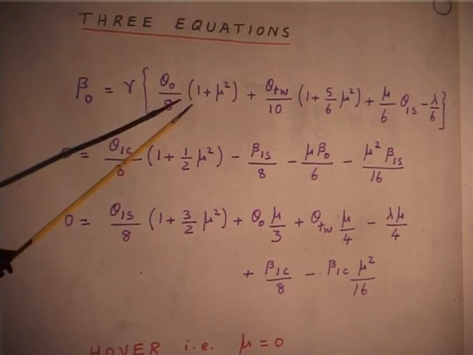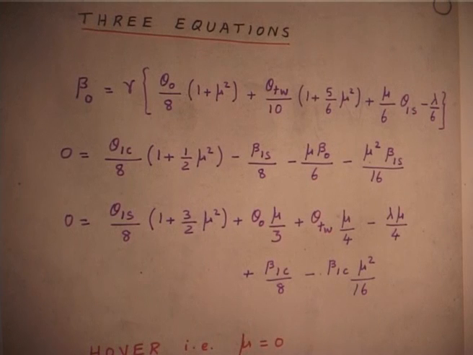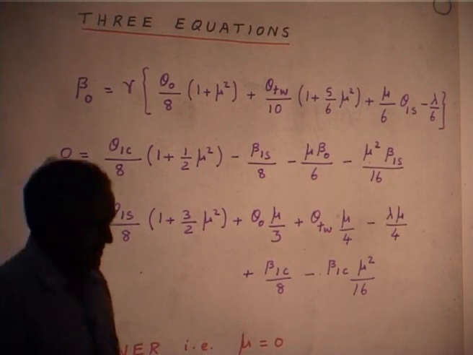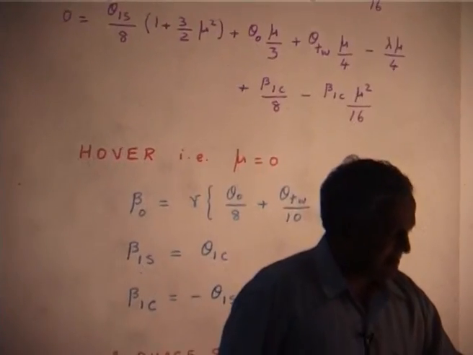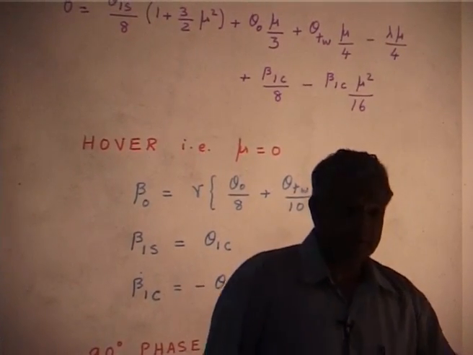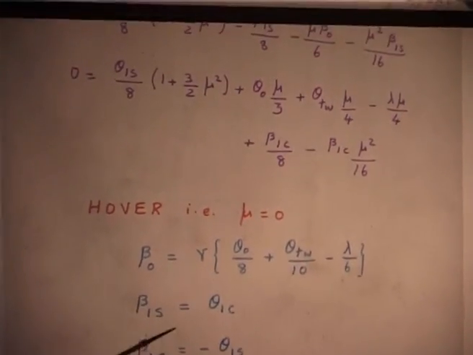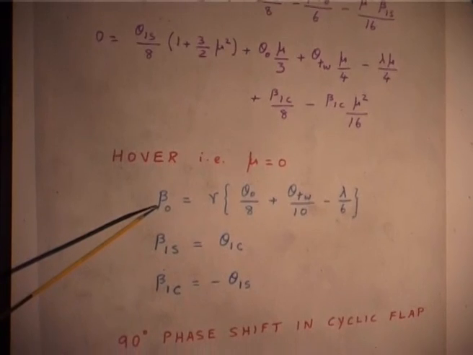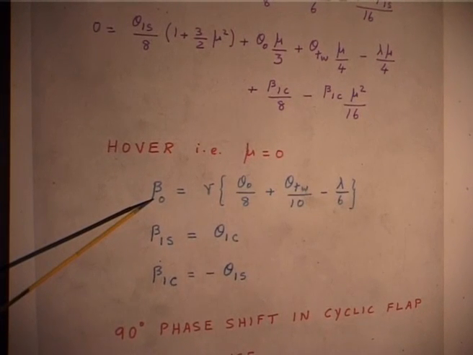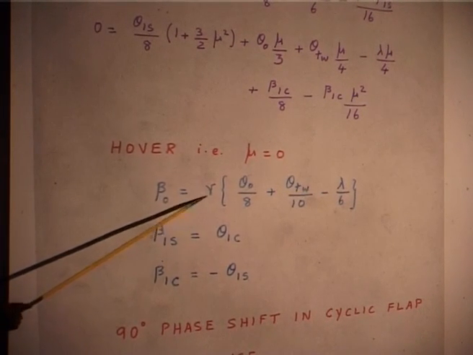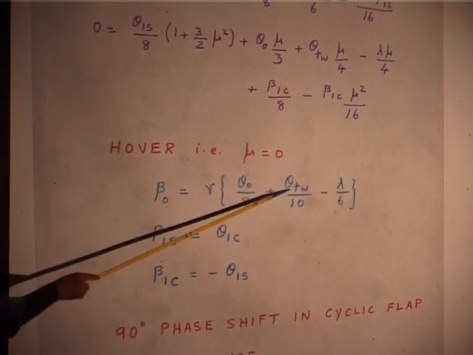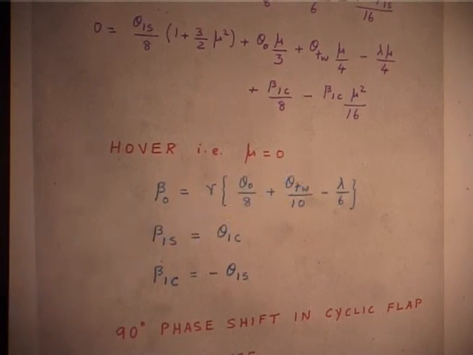If I set mu equals 0, just because I am hovering, this is what I will have from these three equations. I can get what is the beta naught, okay. Beta naught is given by gamma, theta naught over 8, some twist, lambda by 6.